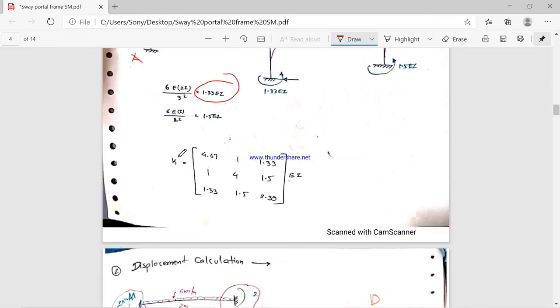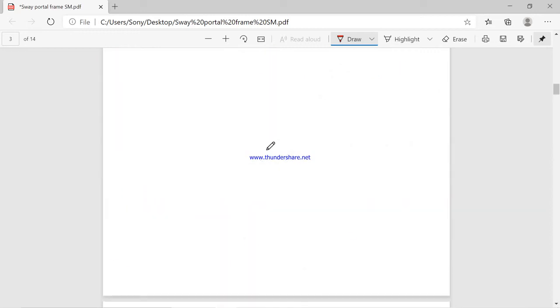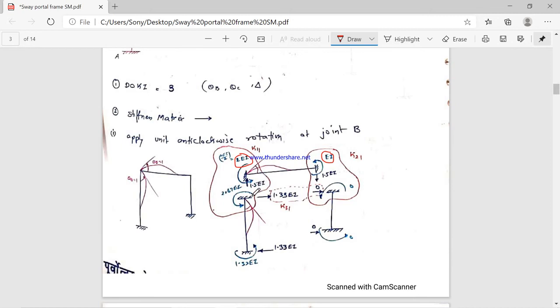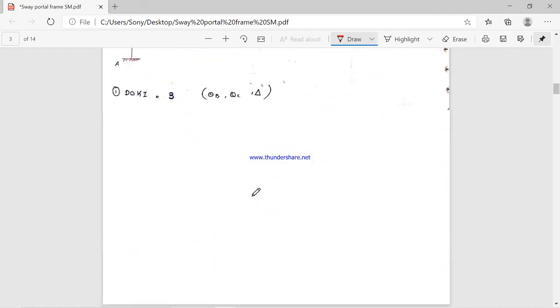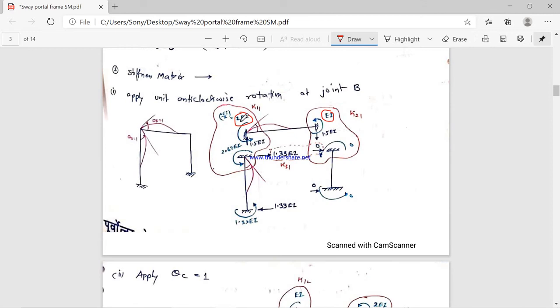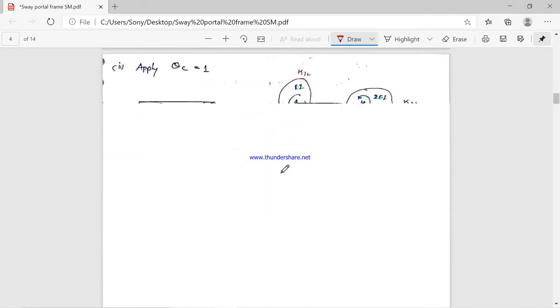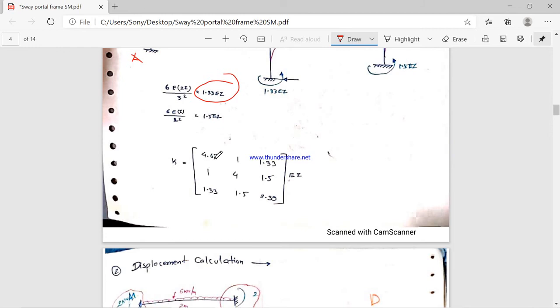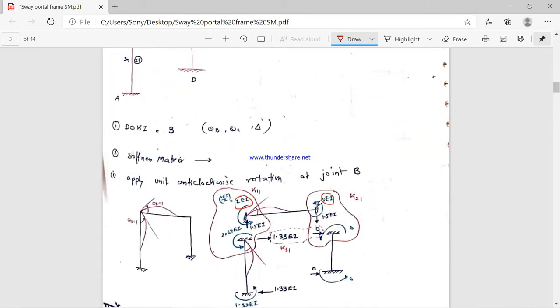Now next is the formulation of the K matrix. So in the K matrix, this is 4.67. How will this 4.67 come? It will be equal to K11. If you add 2 plus 2.67, K11 will be 2 plus 2.67, so the answer will be 4.67. Similarly, here also 1 plus 0, that is equal to 1.